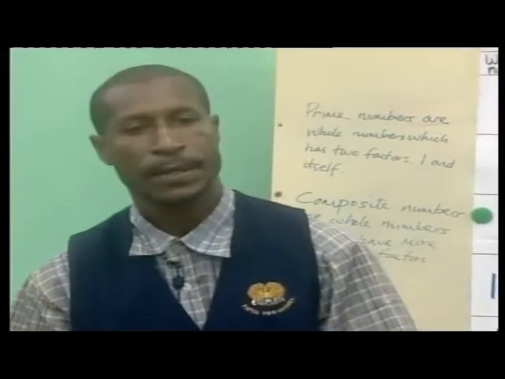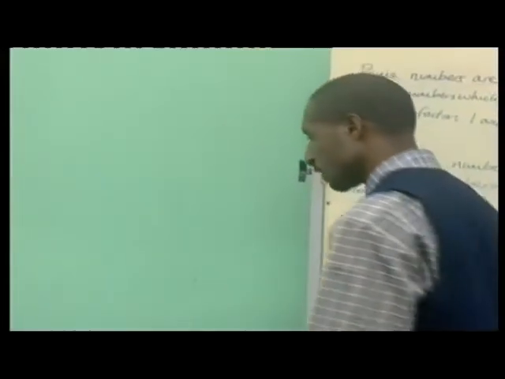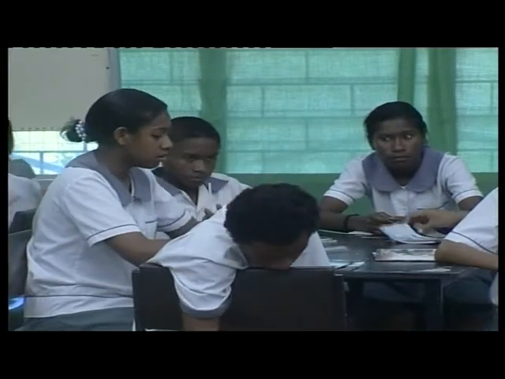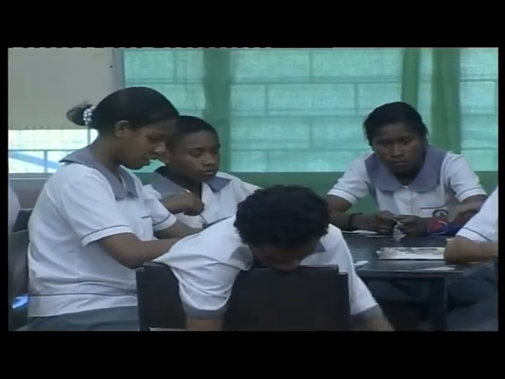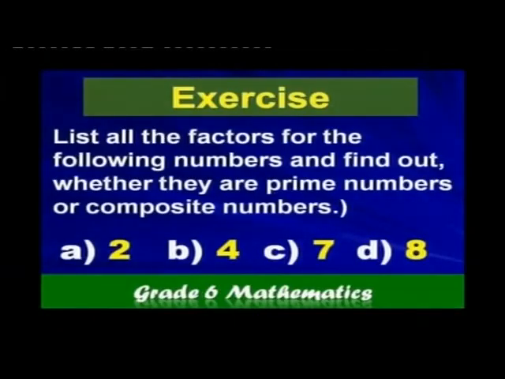Now, students, before we sum up our today's lesson, our additional activity for today's lesson: I would like you to list all the factors of the whole numbers given, and identify whether they are prime numbers or composite numbers.